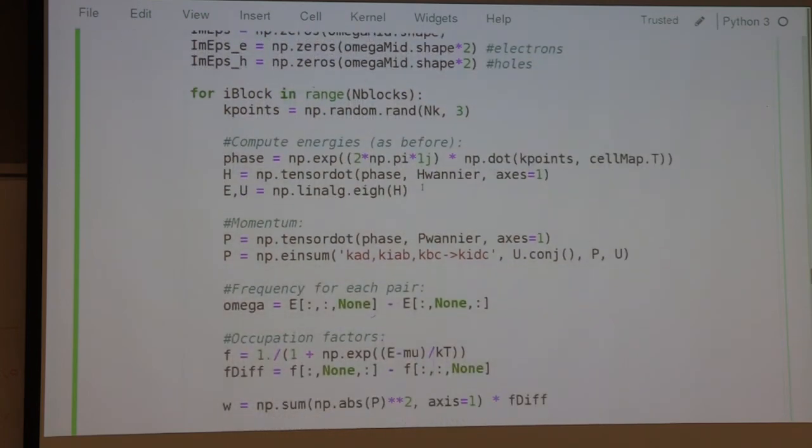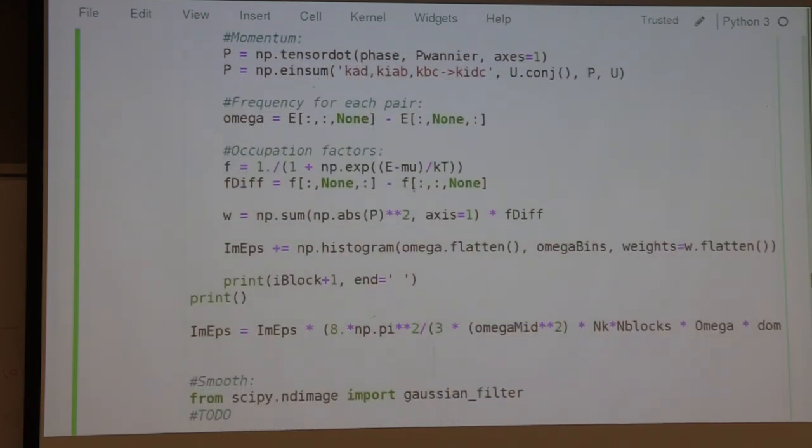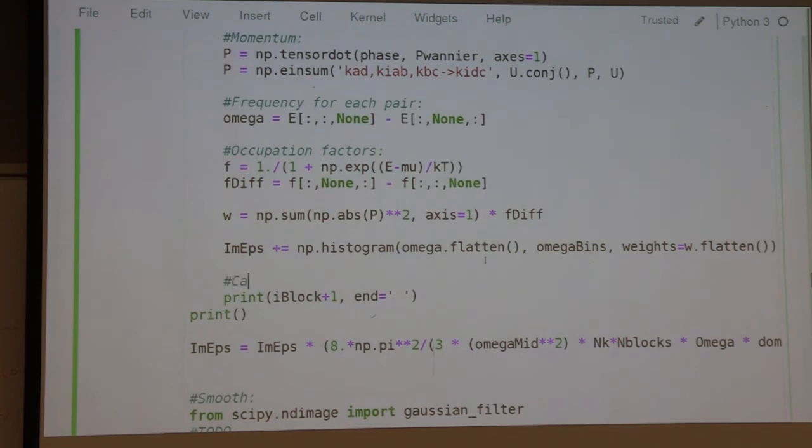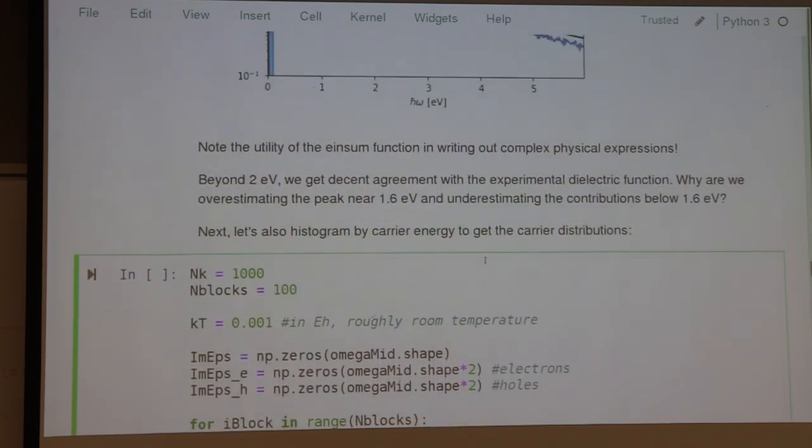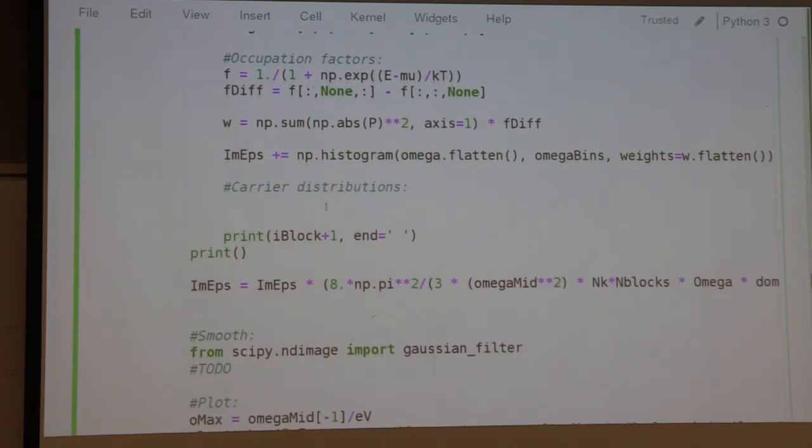Right? So this part of the code is exactly the same, but now I have to change what I'm histogramming here. So I'll keep this code there. So now I'll do the carrier distributions here. And once again, let me start with a few blocks to get this started, so we can test it.